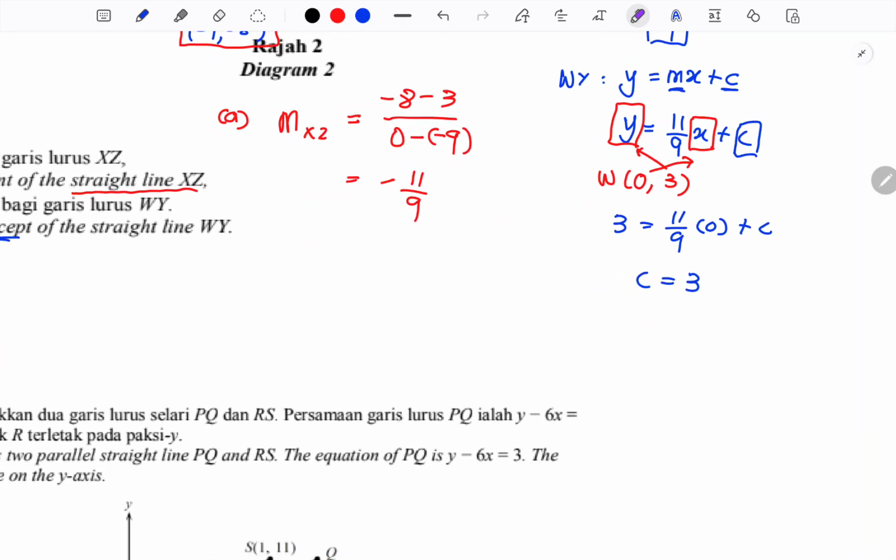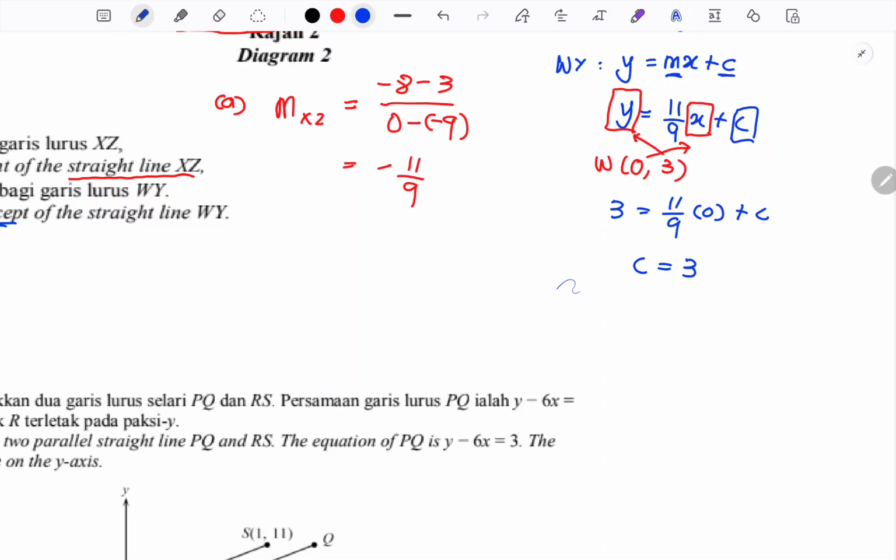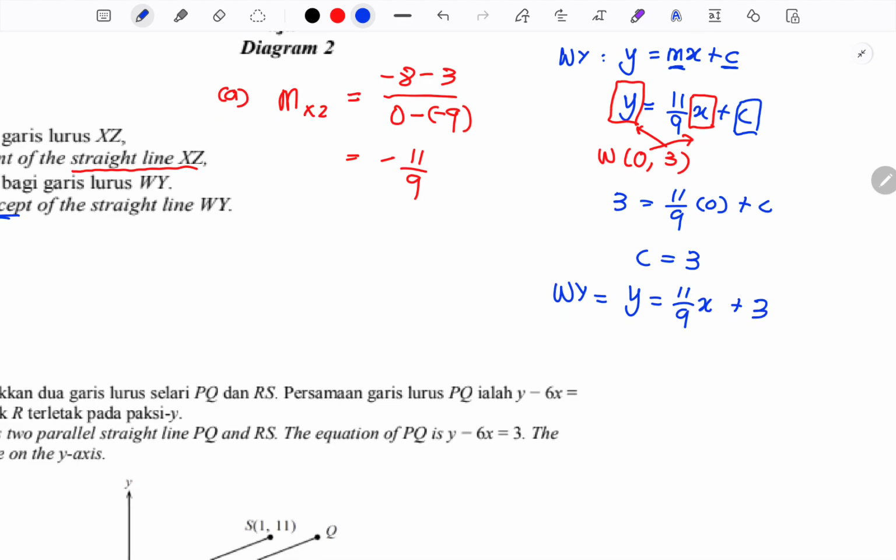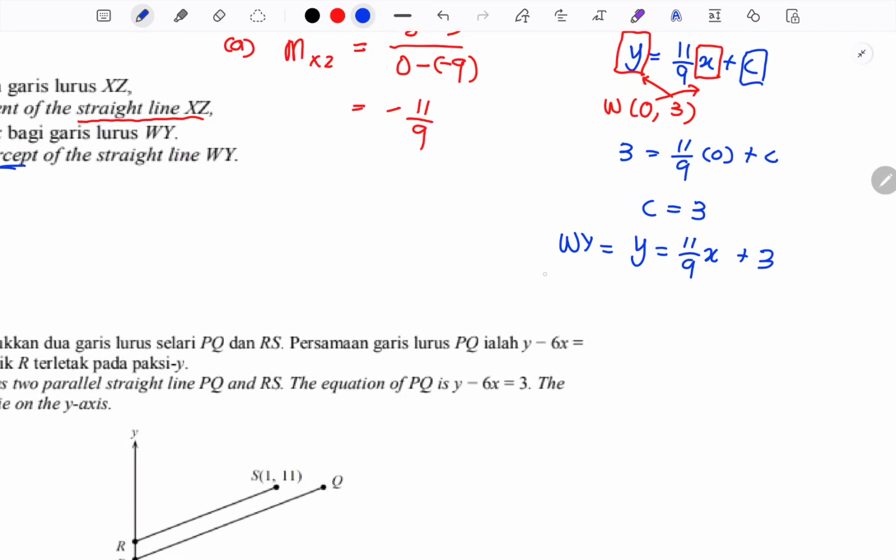So your equation for WY is y equals 11/9 x plus 3. This is the first step. The second step is to find the x-intercept.